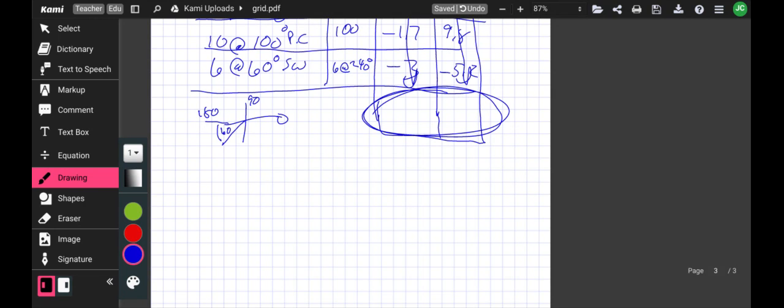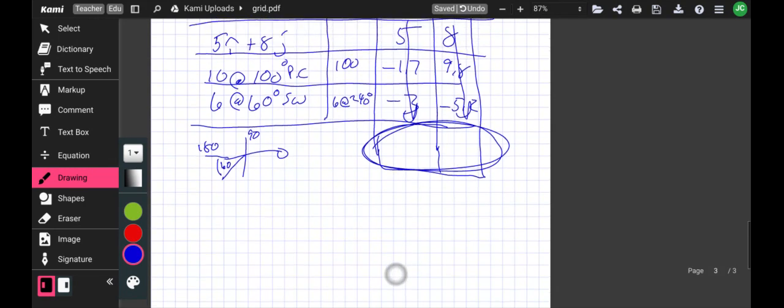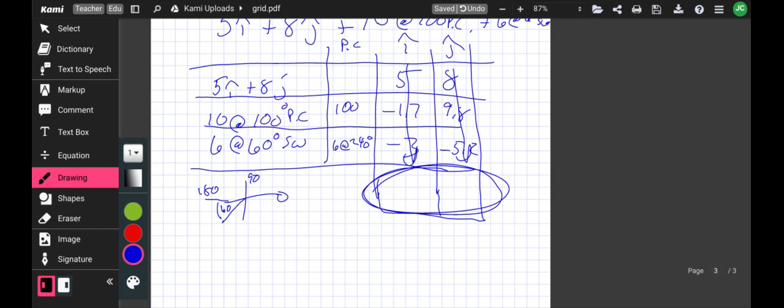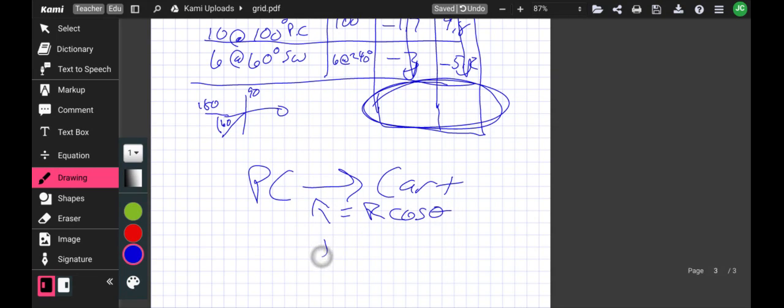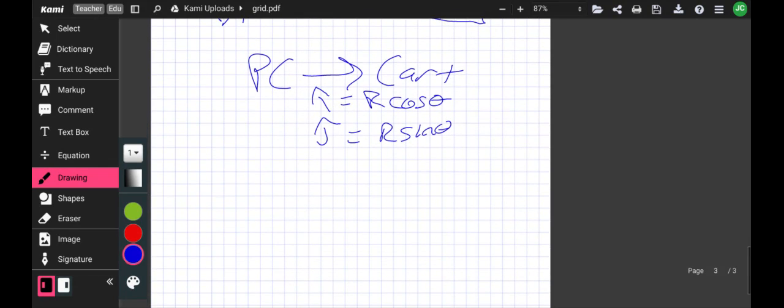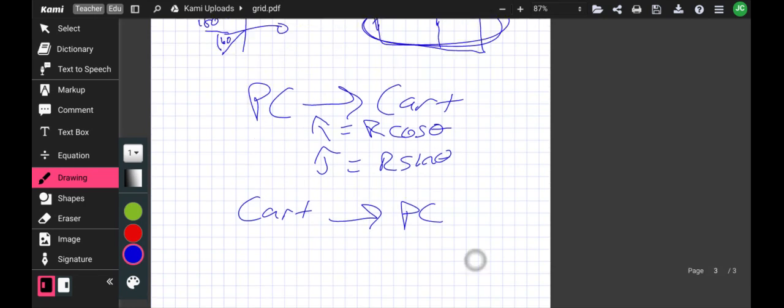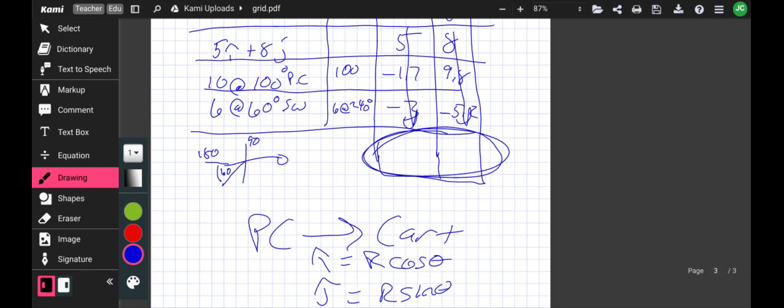Now, if I want to put it back into PC, so to go from PC to Cartesian, I do i hat is equal to r cosine theta, and j hat is equal to r sine theta. But how do I go from Cartesian back? Well, that's exactly what you do every time you get to this point.